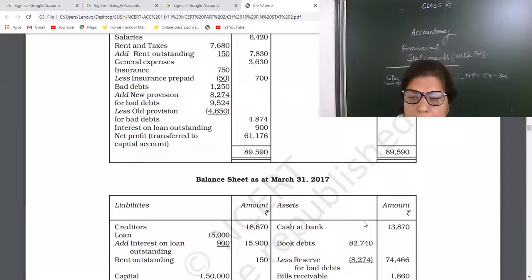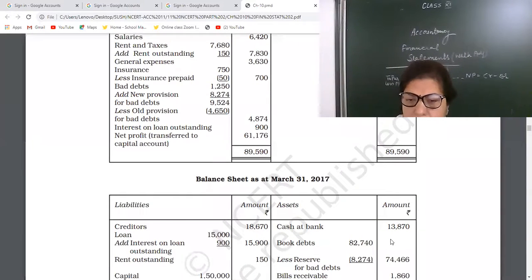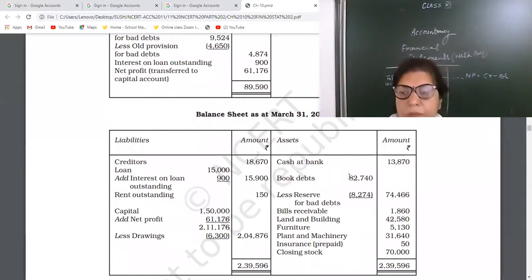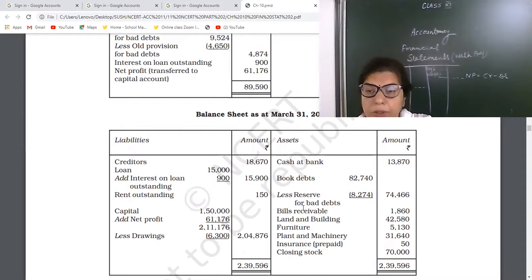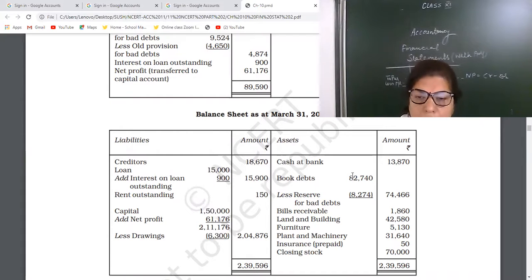Cash at bank 13,817. Book debts means the debtors value, 82740. Now see reserve for bad debts. Just now I told you, 10% reserve. So 10% of 82740. You can do it this way also.